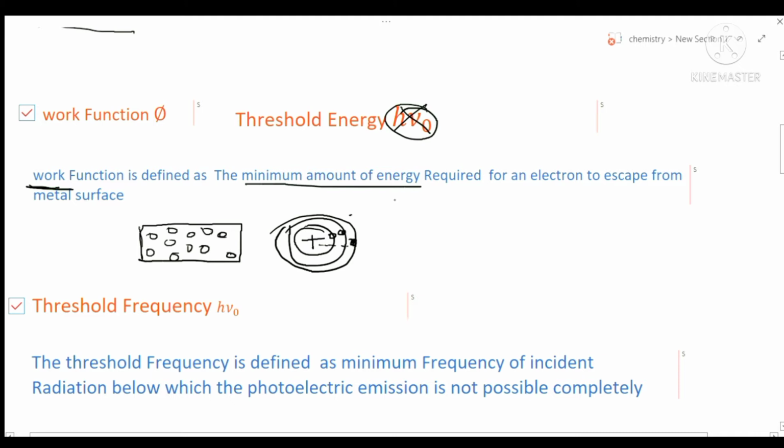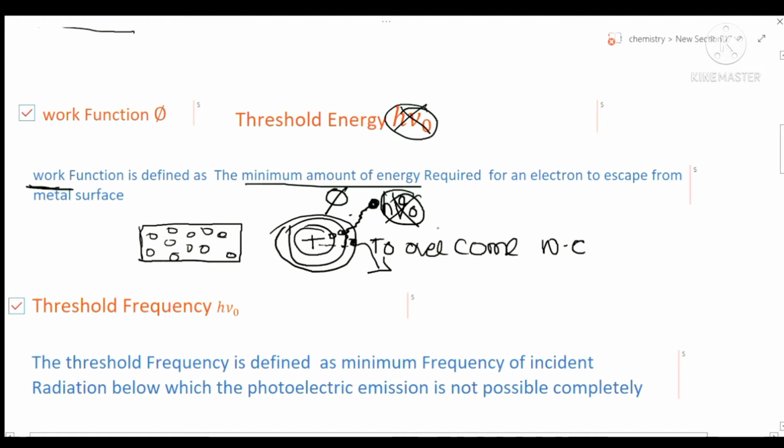So here I am supplying some amount of energy, which I am calling h mu naught. Of course, I can call it a frequency. Here I am speaking in terms of the work function. Whenever I supply some photon energy, this energy helps to overcome the nuclear force of attraction, so automatically electrons will come out.